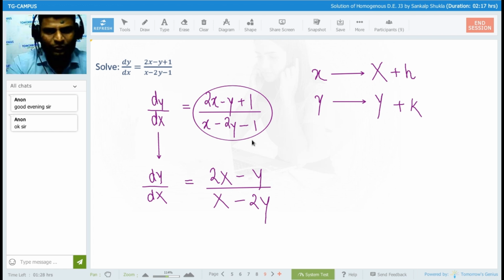Okay. And what about h and k? How to find the values of h and k? Just put the value of h in place of x and the value of k in place of y. So there will be two equations, right?